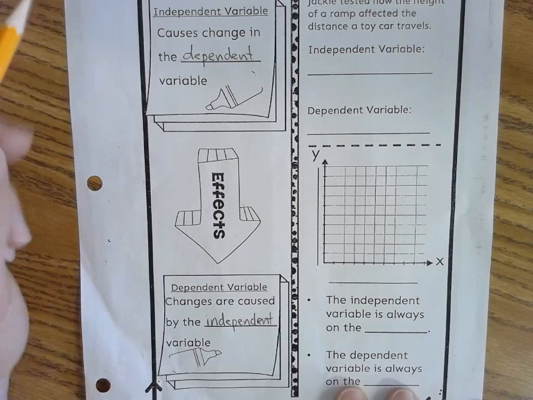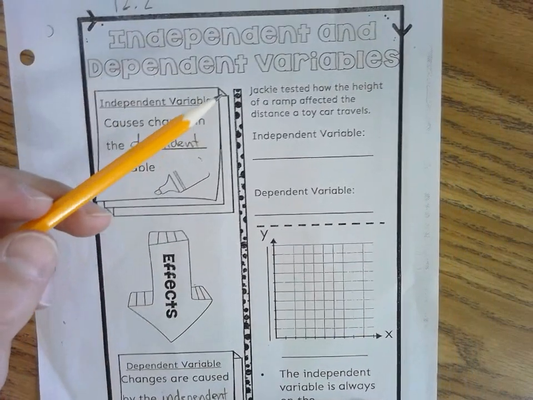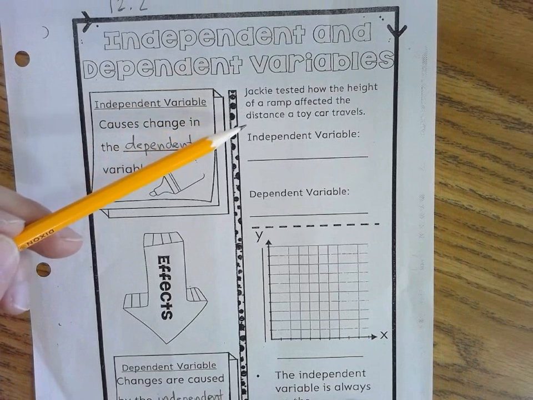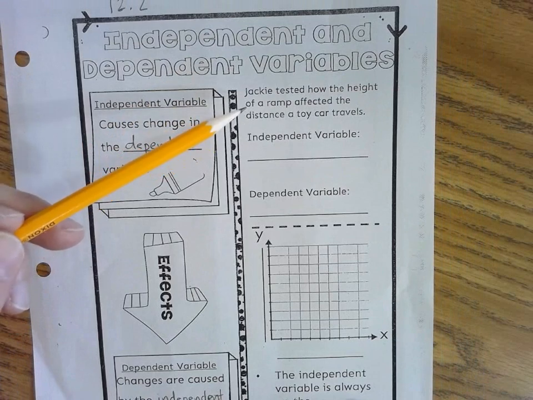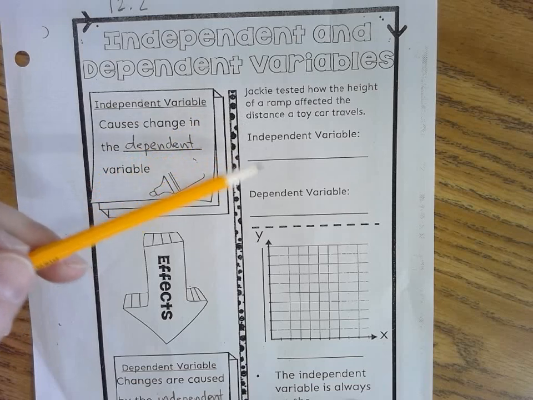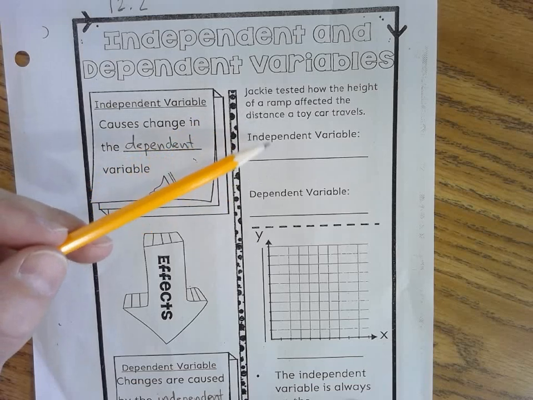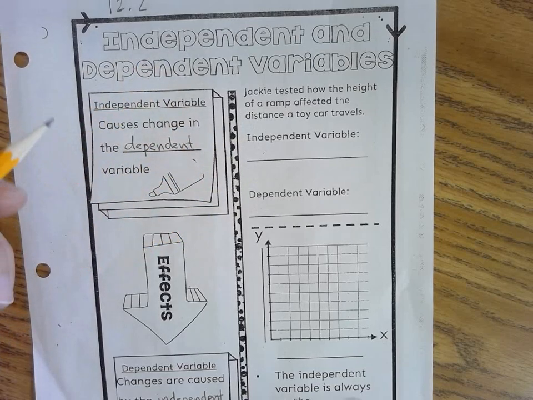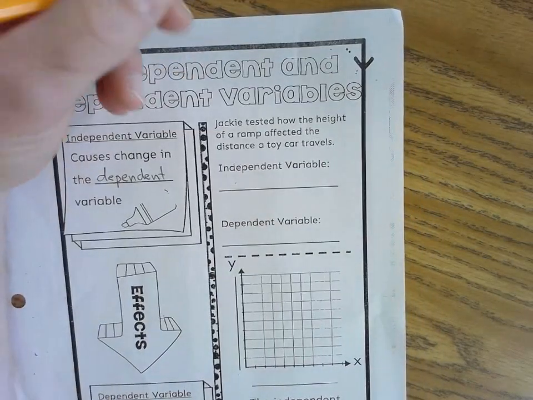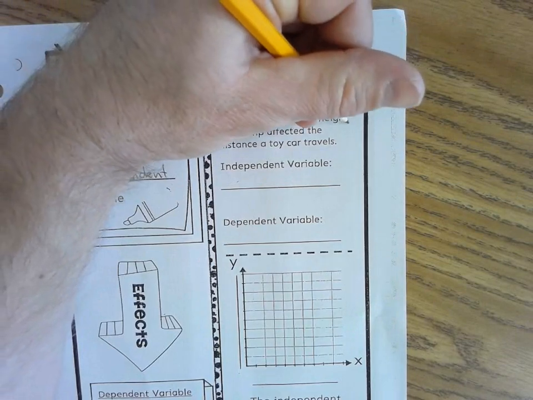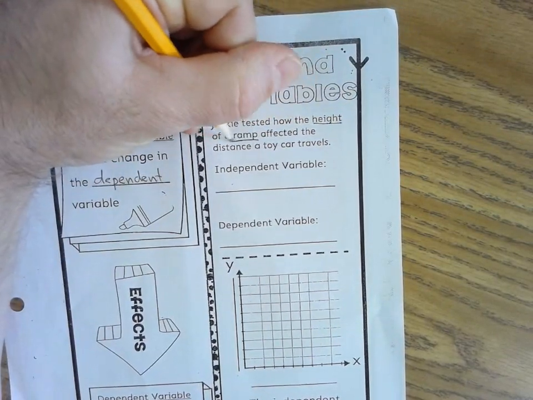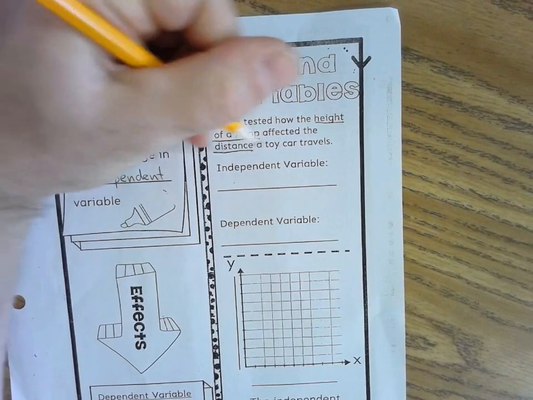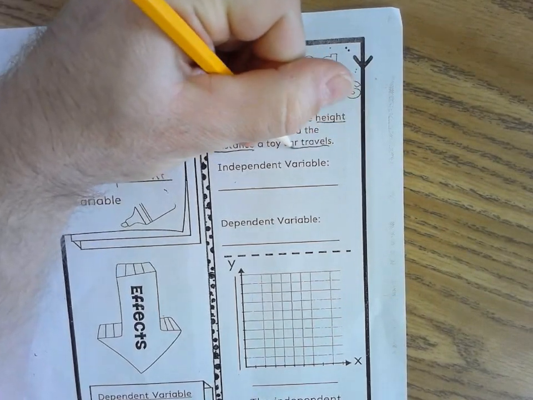Alright, so let's look at a little situation here. It says Jackie tested how the height of a ramp affected the distance a toy car travels. So what you have to figure out is which part of this is your independent variable and which one is the dependent variable. You have the height of a ramp, and then you have the distance a toy car travels.